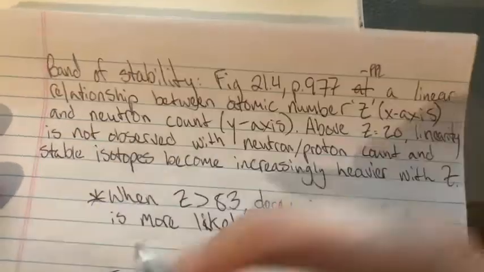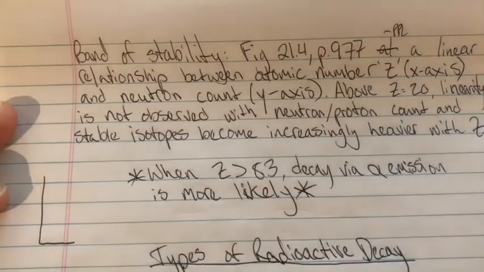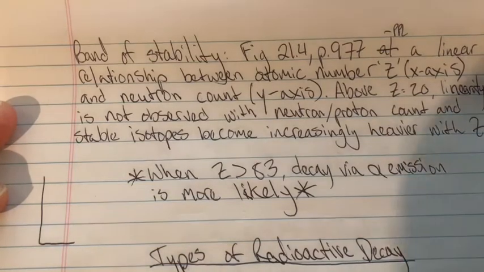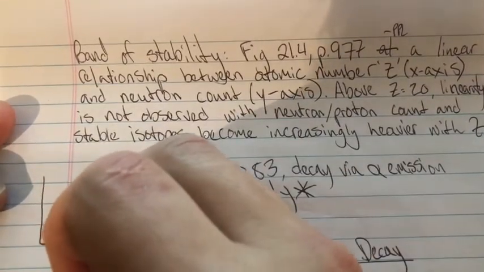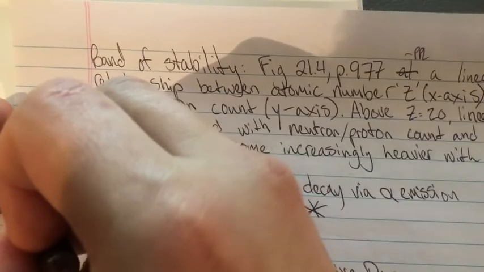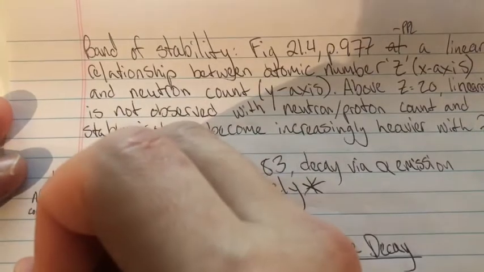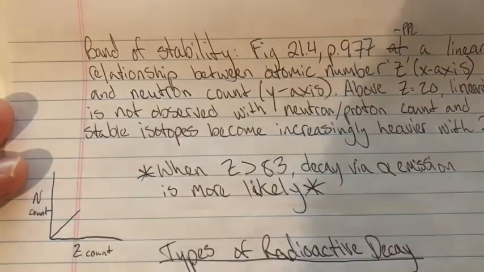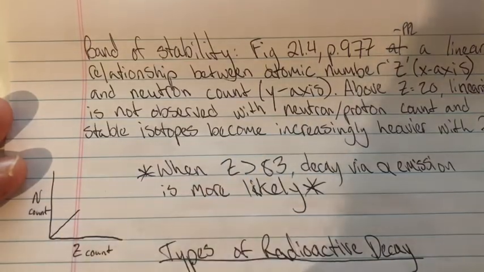You'll see a perfectly linear relationship up until Z equals 20, and Z equals 20 is calcium. This is the Z count, this is the N count. So it's perfectly linear, going at a 45-degree angle from the origin.